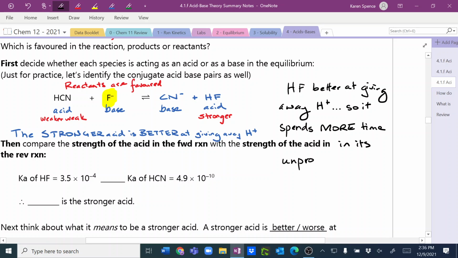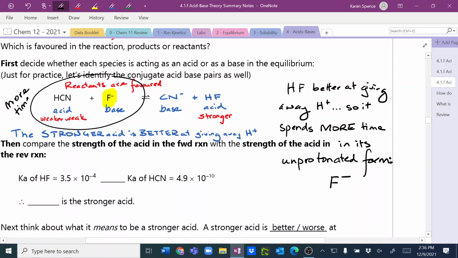So it spends more time in its unprotonated form, and its unprotonated form is F minus. So we spend more time over here. And that means our reactants are favored.